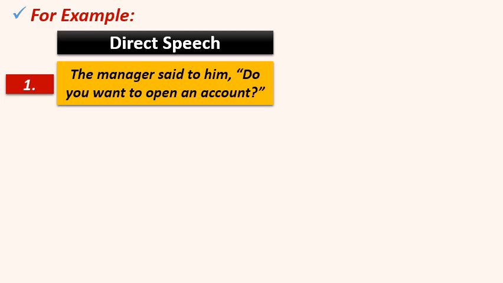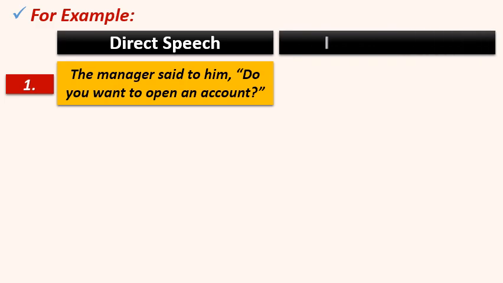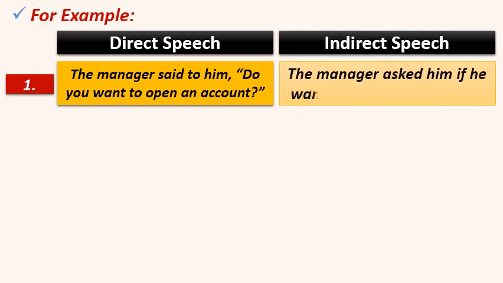As you can see, it is starting with the helping verb "do". So we will write if or whether as per the sense of the sentence. So the sentence will be: The manager asked him if he wanted to open an account.